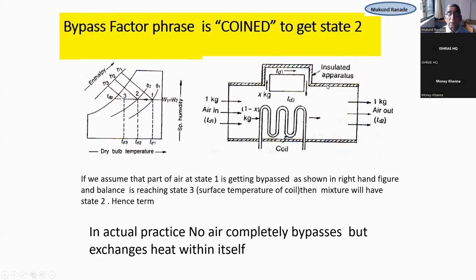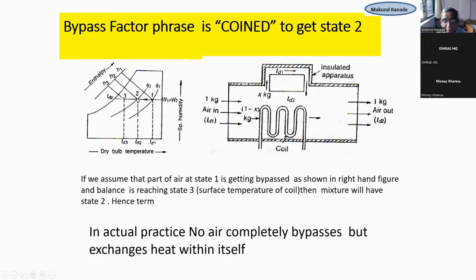Now if we assume an infinitely large coil and X amount of one unit of air is bypassed, then 1 minus X will reach the surface temperature of the coil, point 3, and X kg will remain at point 1, and if we mix them together, we again get point 2.